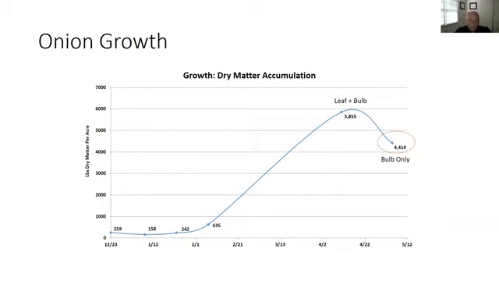But really, we're trying to match our nitrogen so that it's available when the onion starts to take off in terms of growth. So maybe not having a tremendous amount of nitrogen available early in December, but instead have it available mid-January so that it's there when the onion needs it.